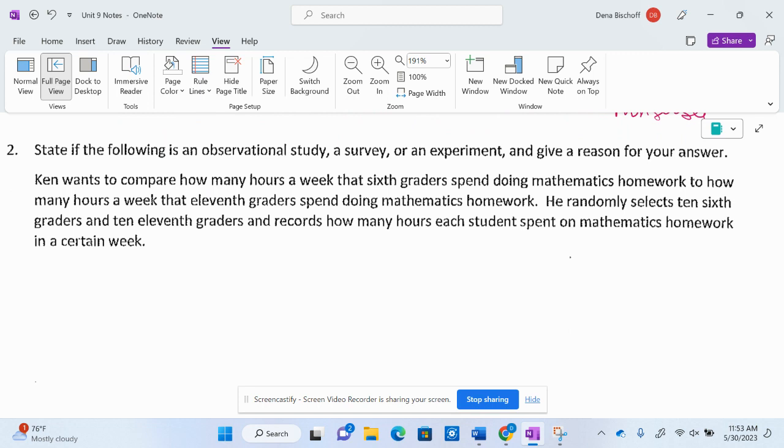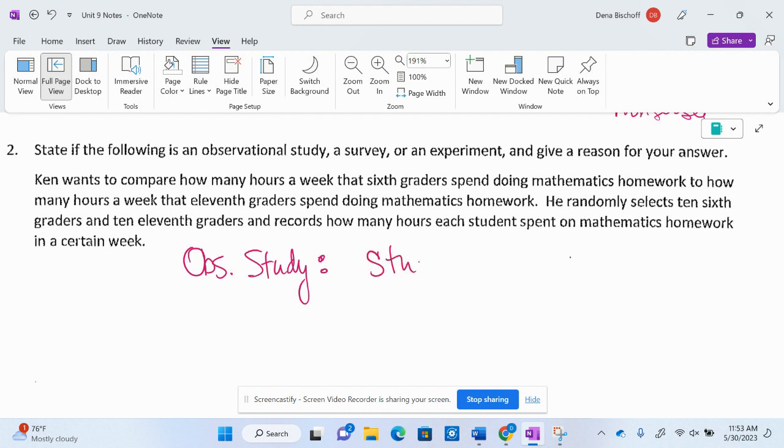All right. So what is this one? Observational. Yeah. Observational study. How do I know? Here's what I wrote. Students were randomly selected from two populations. No treatments were administered. And we just observed to see how many hours they spent doing mathematics.